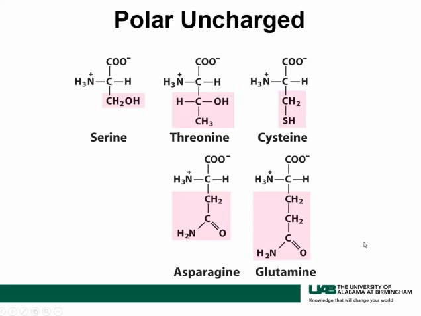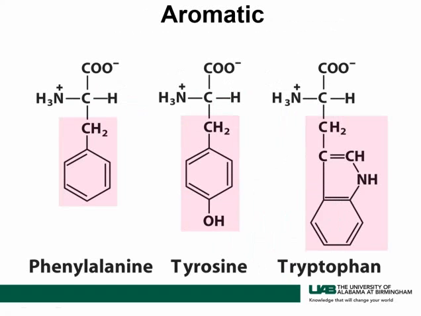But these are uncharged. They are not ionized. Then you have the aromatic group, which is the same as the aromatic group in the first classification that we looked at. This consists of ring structure such as phenylalanine, tyrosine, and tryptophan.